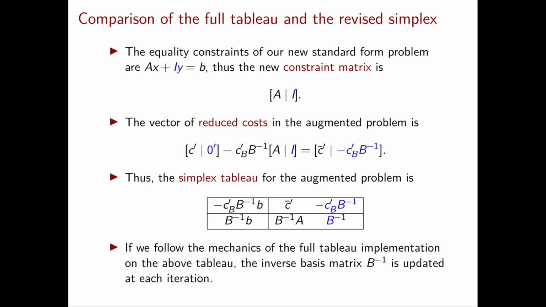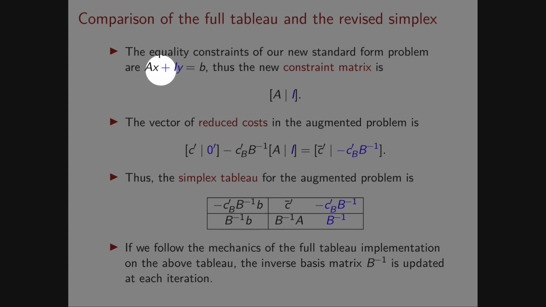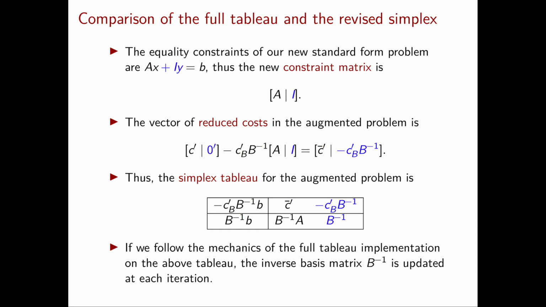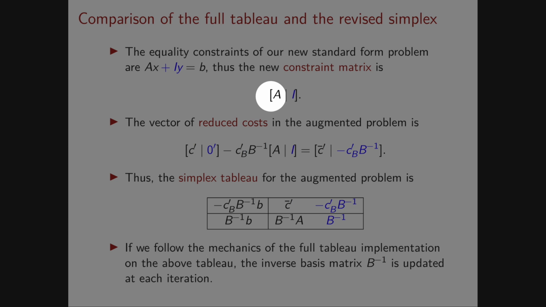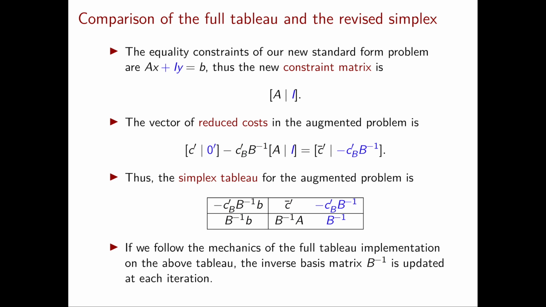The equality constraints of the problem are Ax plus identity y equal to b. So in my constraint matrix, the first n columns will consist of the matrix A, while the remaining m columns will be the identity matrix. Now we can already write down the simplex tableau except for the 0th row.